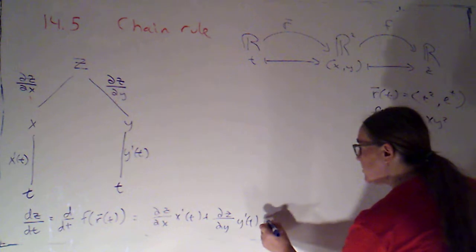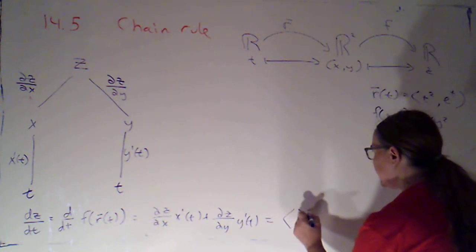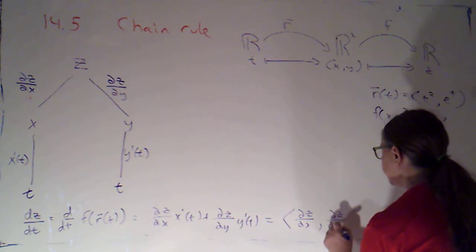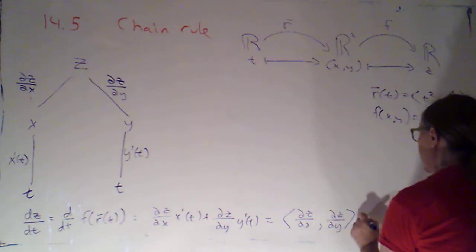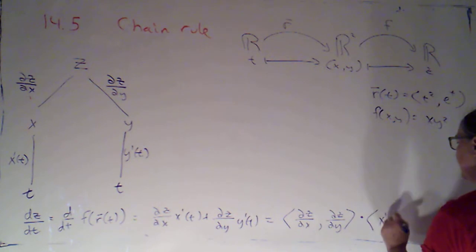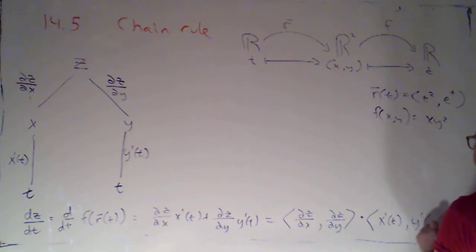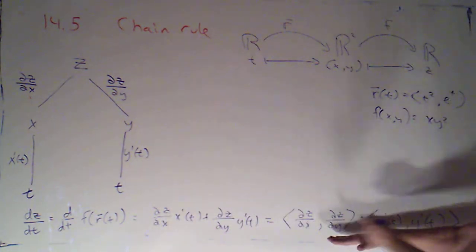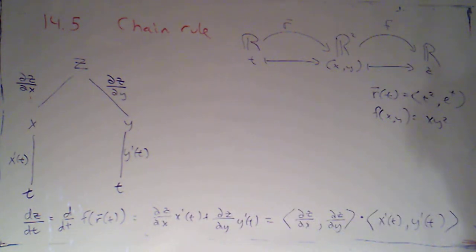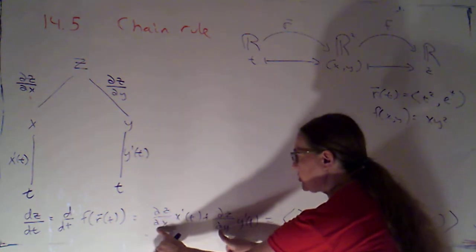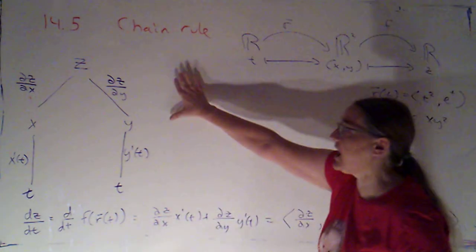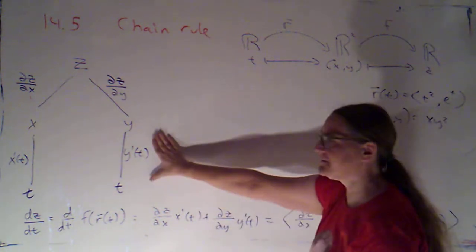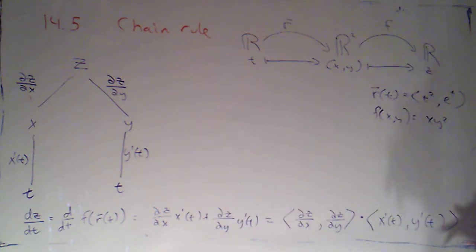So if I wanted to, I could say, that's the partial of z with respect to x, comma, partial of z with respect to y, dotted with x prime of t, y prime of t. This is essentially just this dot product, where I put the two partial derivatives from the top part of my diagram into one vector and the two full derivatives from the bottom part down here.